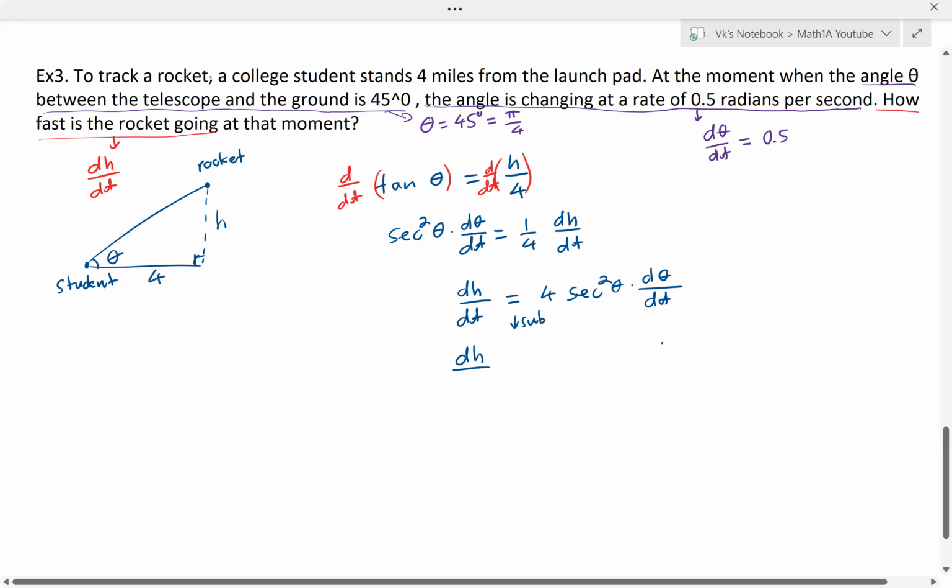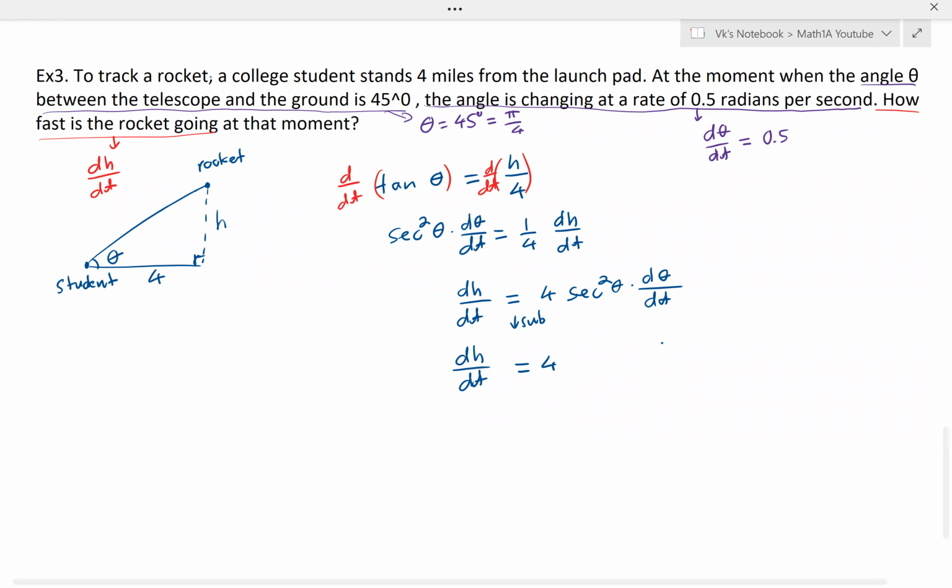We have dh over dt is equal to 4 secant of pi over 4 squared times 0.5. Secant of pi over 4 is 1 over cosine. So cosine of pi over 4 is root 2 over 2.